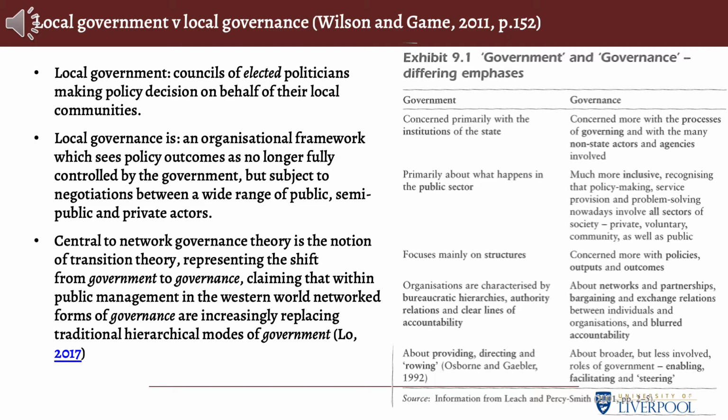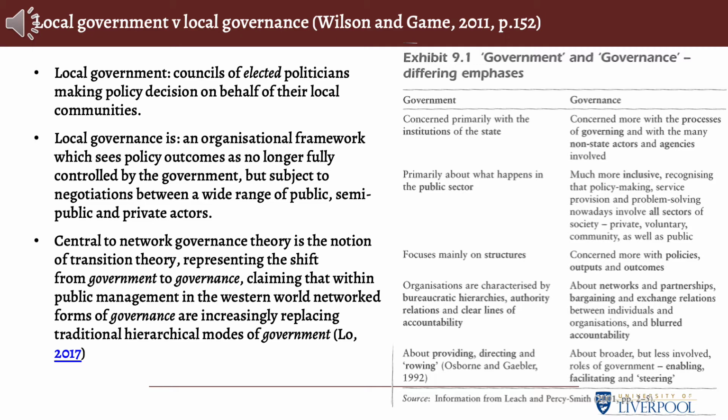Now, this differs from local governance, which is a different way of understanding how power is used and where it's located on a local level. So local governance is an organisational framework which sees policy as an outcome of processes that are no longer fully controlled by the government, the local government in this case, but rather subject to negotiations between a wide range of public, semi-public and private actors whose interactions give rise to a relatively stable pattern of policy making that constitutes a specific form of regulation or a mode of coordination.